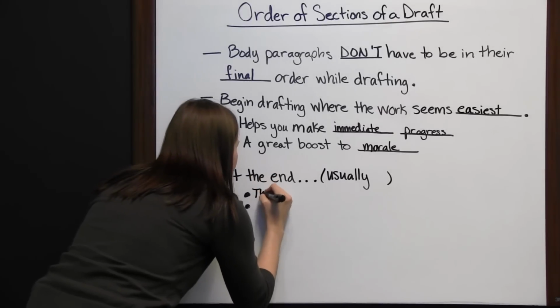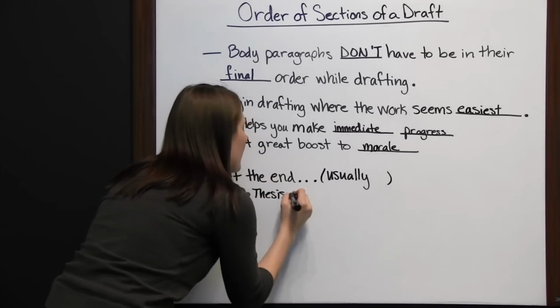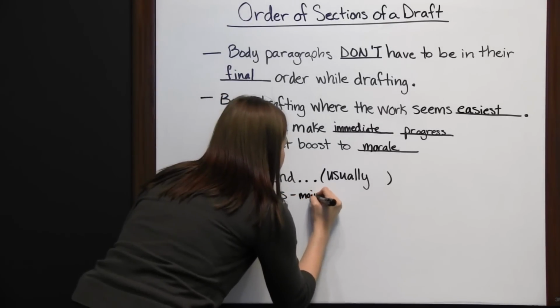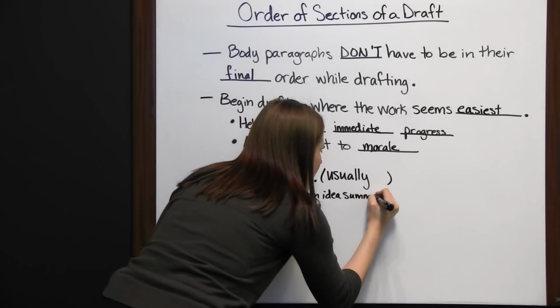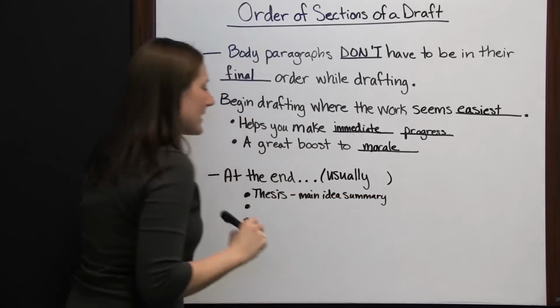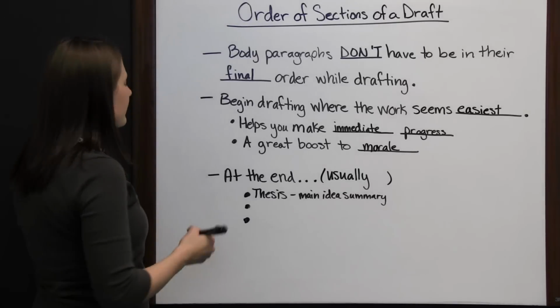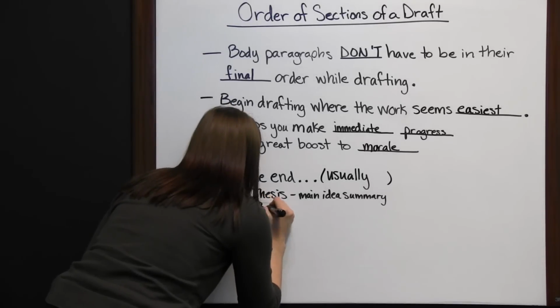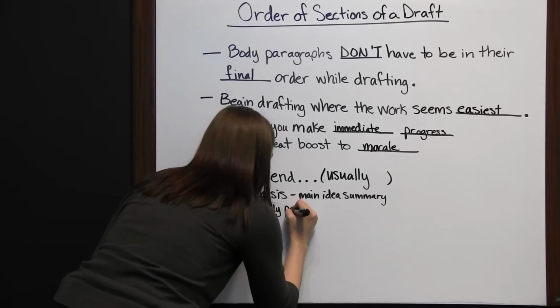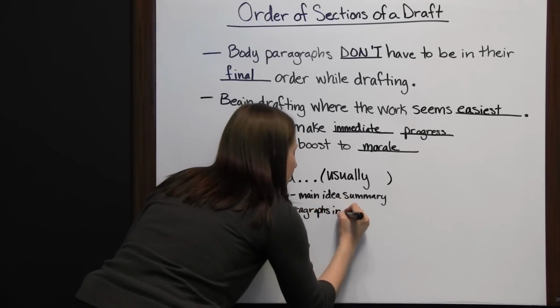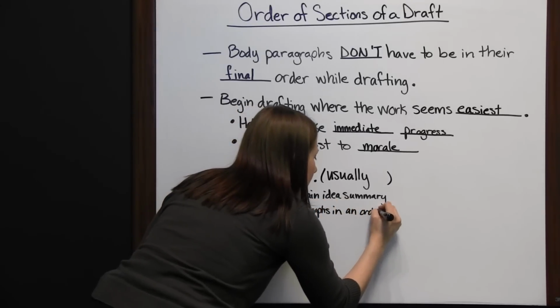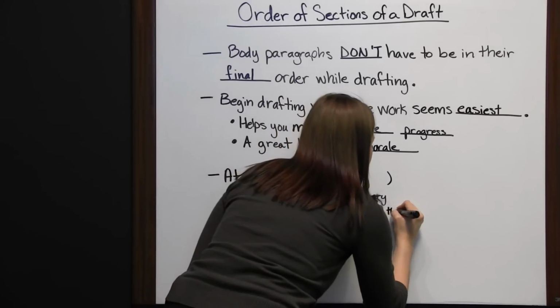So first, you want your thesis, which is your main idea, or the summary of your main idea, and then the rest of that paragraph can expand on your thesis a little bit. And then you want body paragraphs in an order that makes sense.